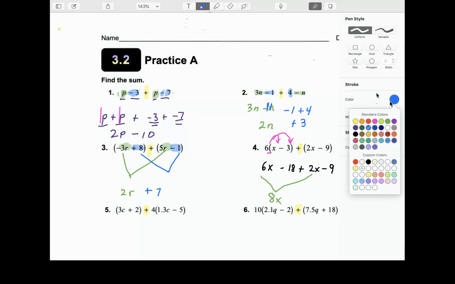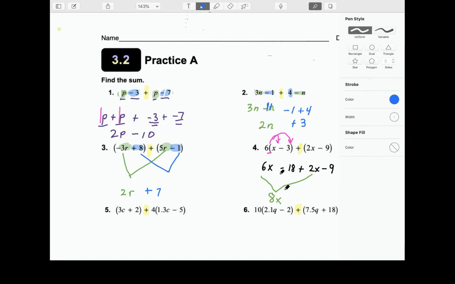Negative 18, and it is important that you get that negative part. It is a negative 18 and a negative 9. That's why we do the 2 marks sometimes, because it's easy to forget that negative in front is the sign of the 18, and that negative in front is the sign of the 9. They're both negative, so negative 18 and negative 9.